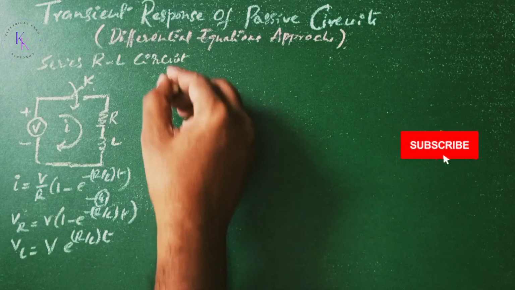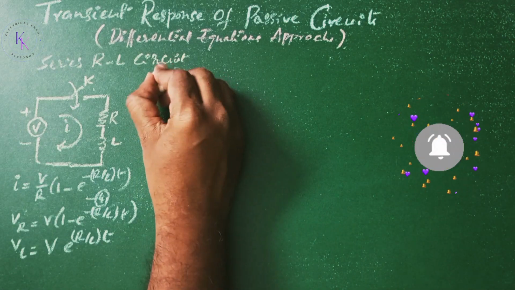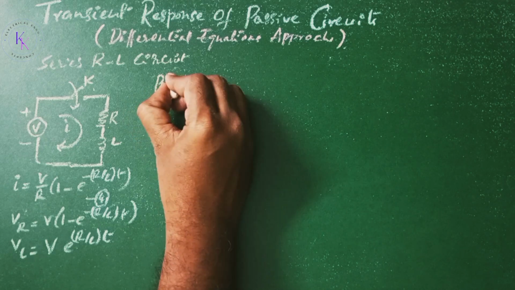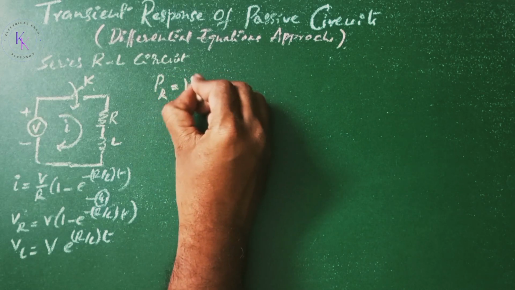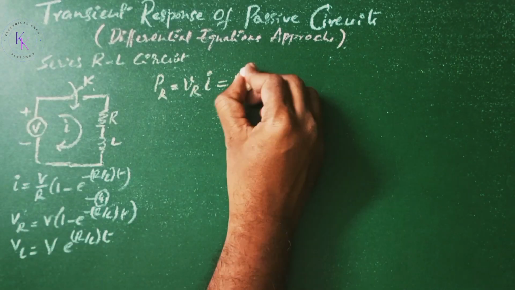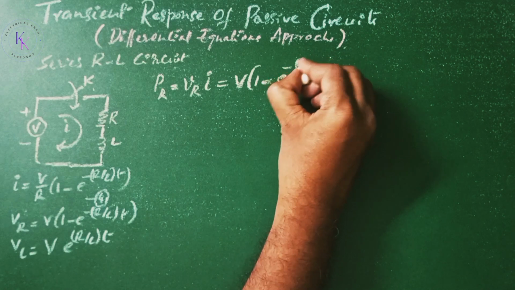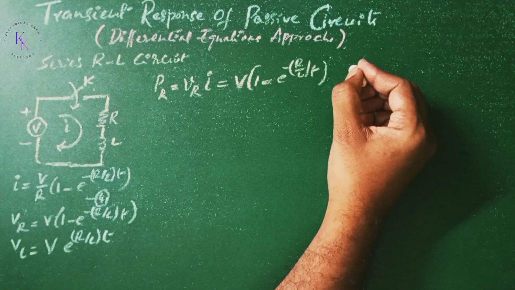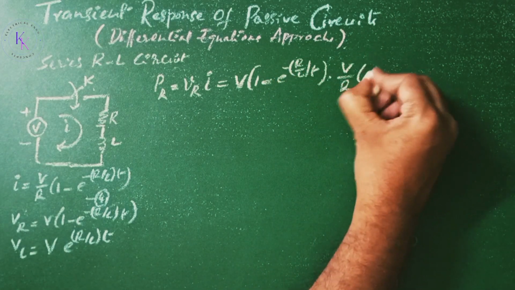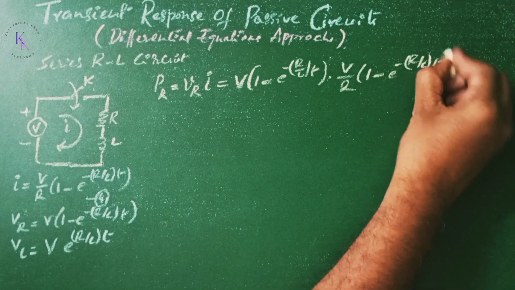Now, the instantaneous power in the resistor and inductor are given as follows. The power in the resistor equals the voltage across the resistor multiplied by the current I, that equals V times (1 minus e to the power of minus R by L of t) multiplied by V by R times (1 minus e to the power of minus R by L of t).